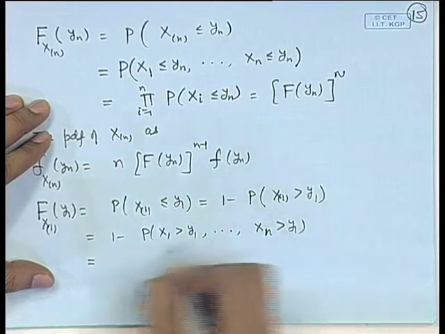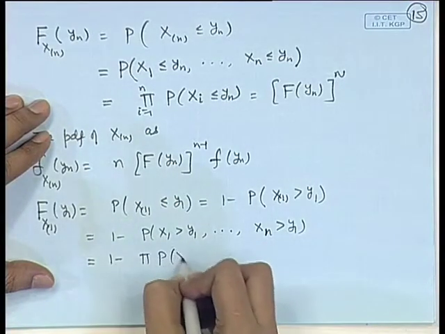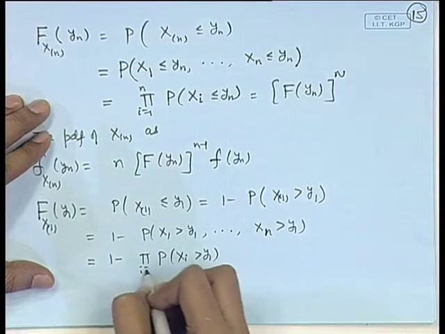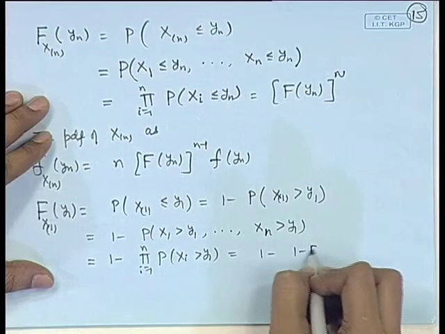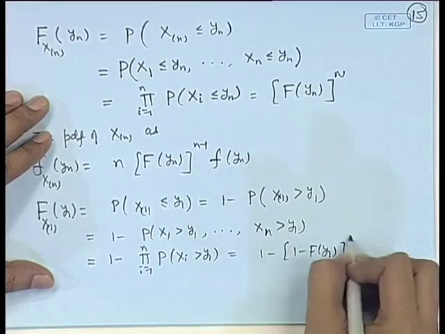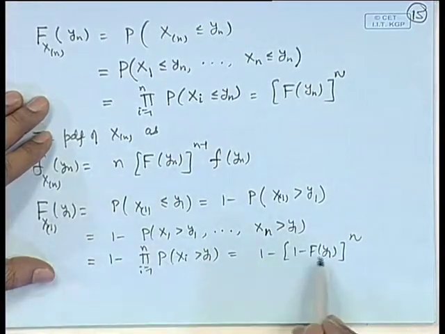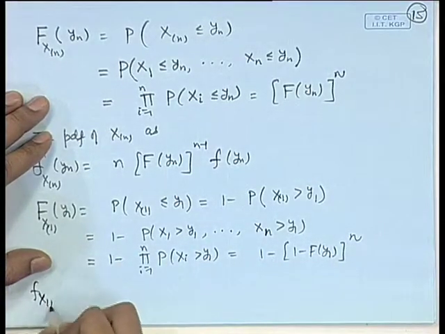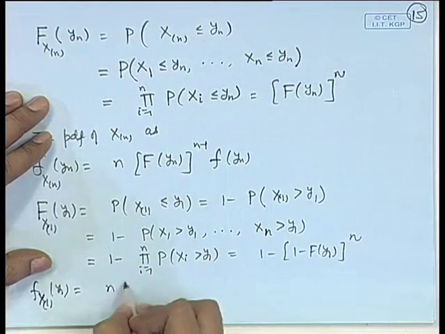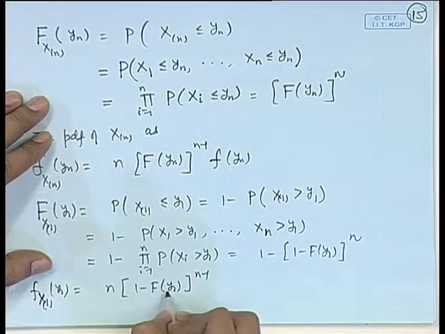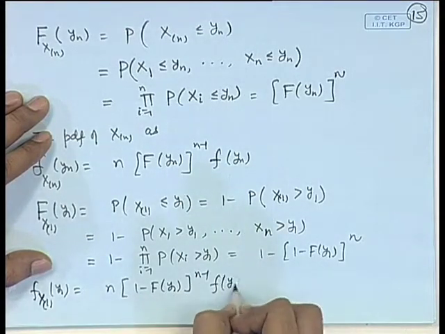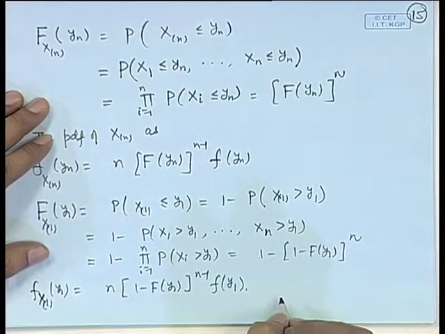At this stage, we can use the independence: 1 minus the product of probabilities of Xi greater than y1, and since each of these is identically the same, it is 1 minus (1 minus F of y1) to the power n. So, the CDF of the smallest can be determined and the PDF of the smallest can be determined by differentiating this with respect to y1. That gives n times (1 minus F(y1)) to the power n minus 1 times f of y1. So, the distributions of the largest and the smallest order statistics can be determined using the CDF approach.